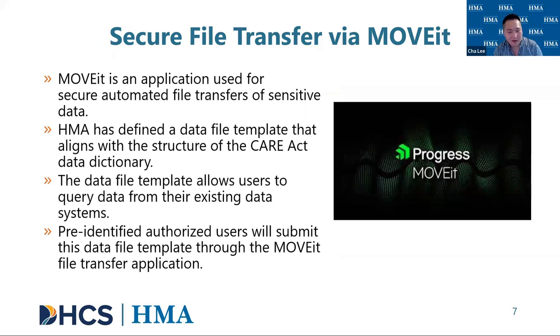HMA has defined a data file template that aligns with the structure of the CARE Act data dictionary. The data file template allows users to query data from their existing data system. A pre-identified authorized user will submit this data file template through the MOVEit file transfer application.